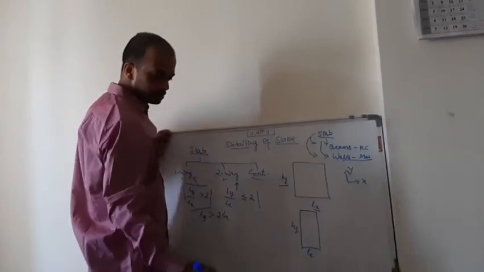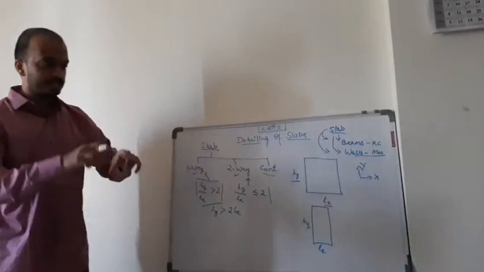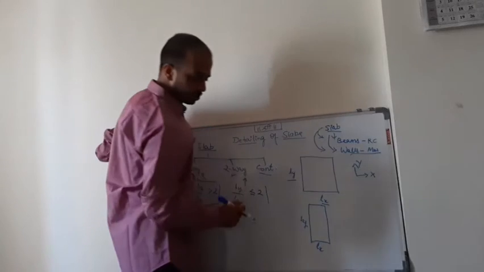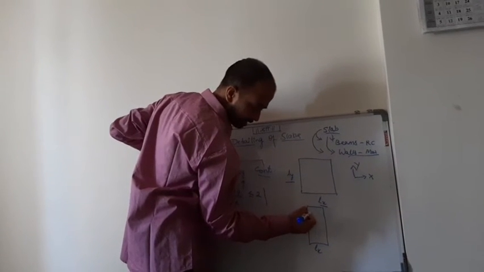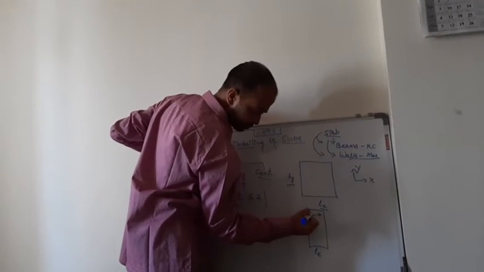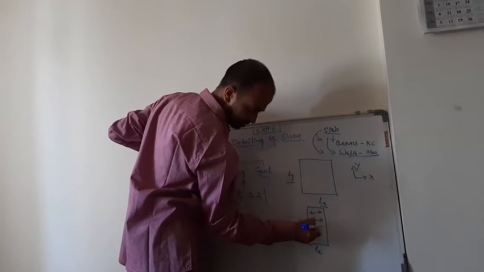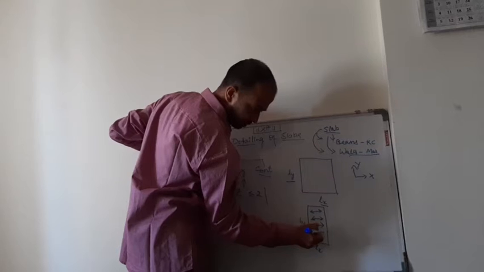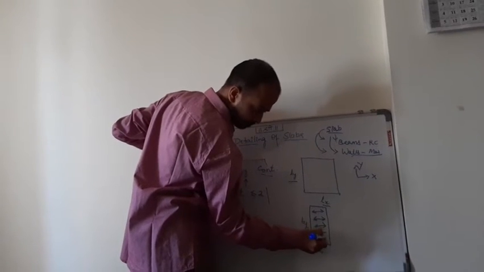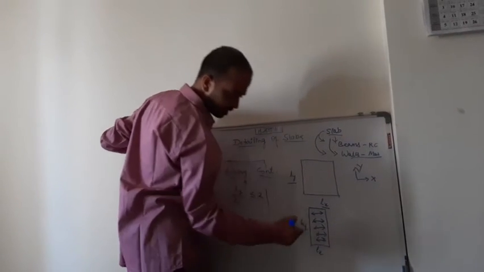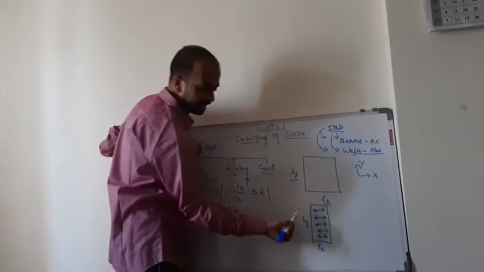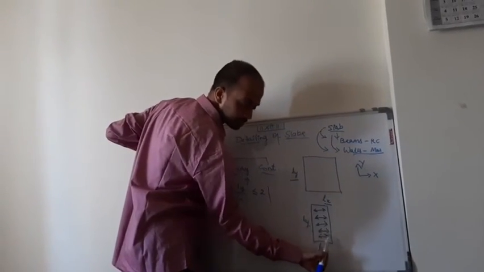Okay, now whenever you see an element, if I apply a load on the element, then the load will get transferred to the nearest support. So the direction of load transfer will be like this for one-way slab. Okay, so you can now understand that the direction is only along x-axis.